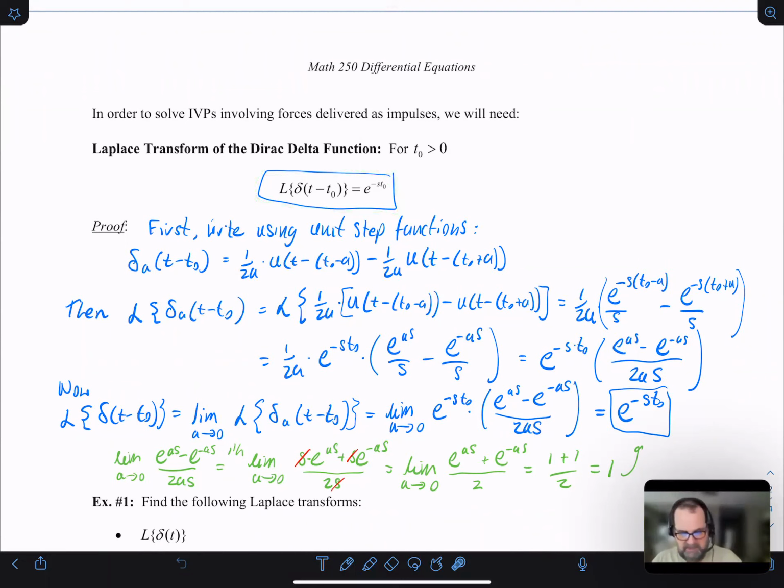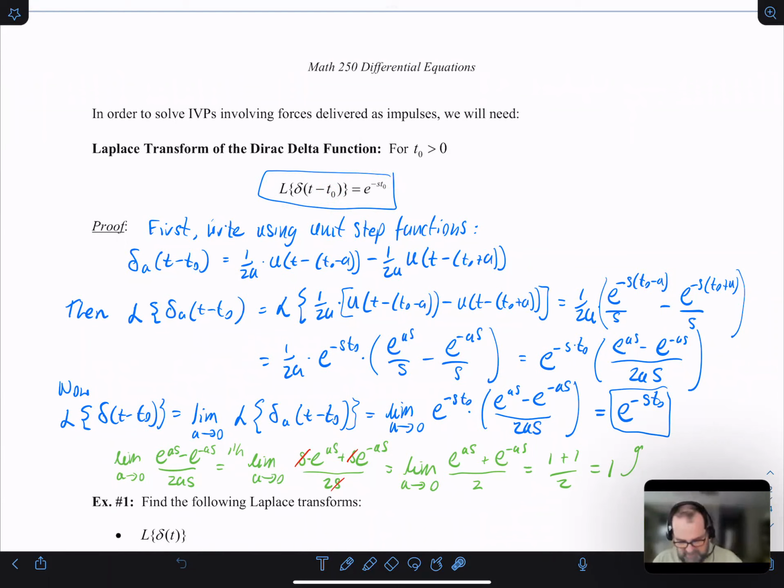So this is the result here. The Laplace transform of delta t minus t0 is e to the minus s t0. This is how it's written in the book. So fairly simple result.